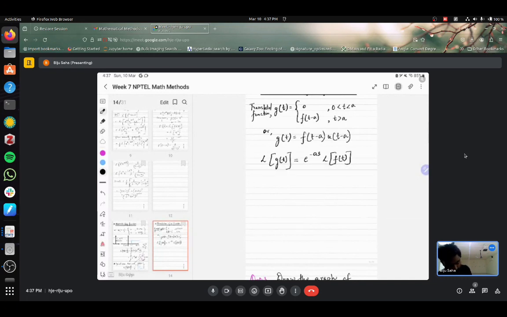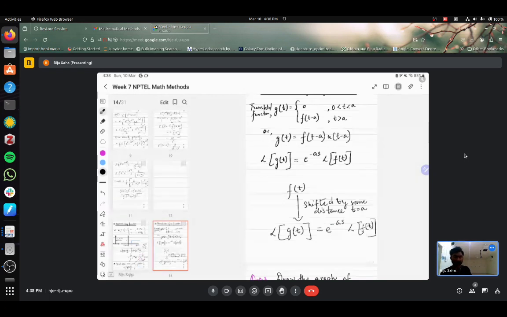What we had is our function f of t, and we shifted it by some distance t equal to a and got g of t. Now we are interested in how the Laplace transform of g of t is related to the Laplace transform of f of t. Simply they are related by this.